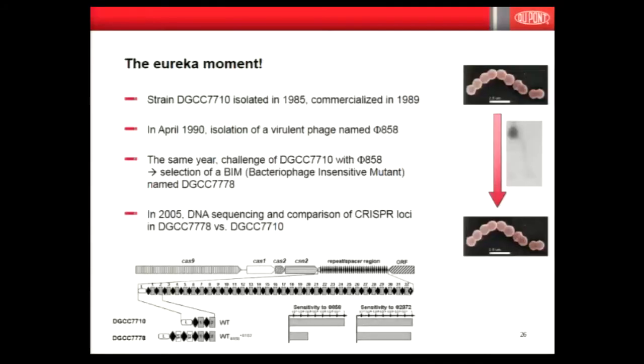We observed that there were 2 additional repeat spacer units that we called S1, S2. And because at that time we also had access to phage genome sequences, we could make the link between those additional spacers and the phage resistance.